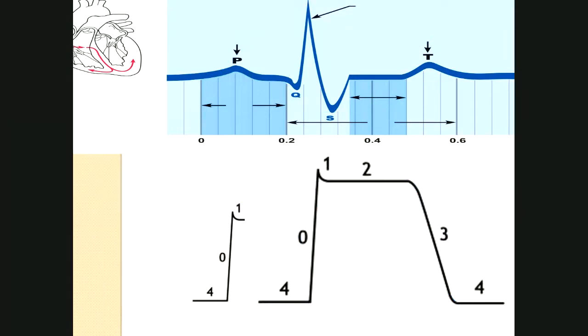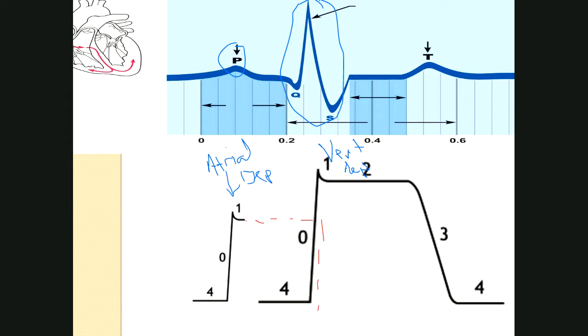So one more time. P wave, atrial depolarization. QRS is ventricular depolarization. And then don't forget that hidden inside it is this, which is atrial repolarization.